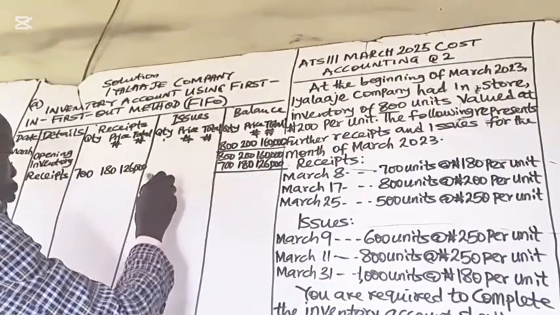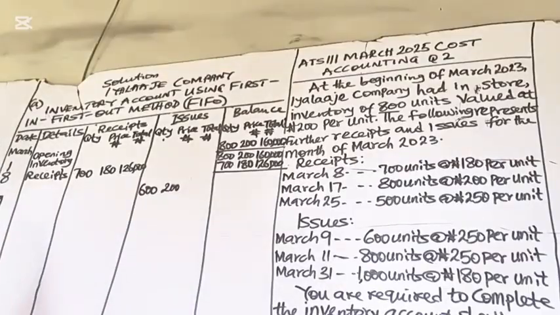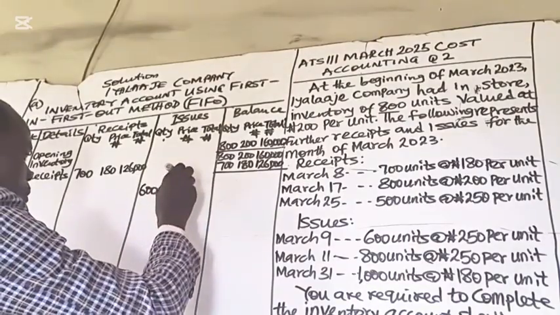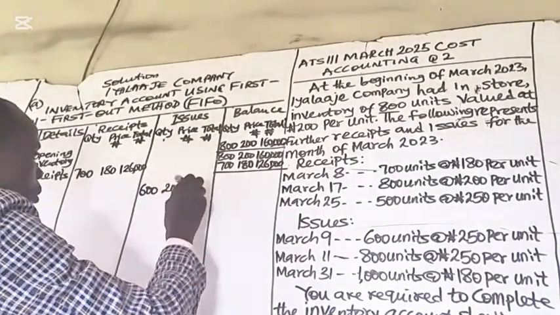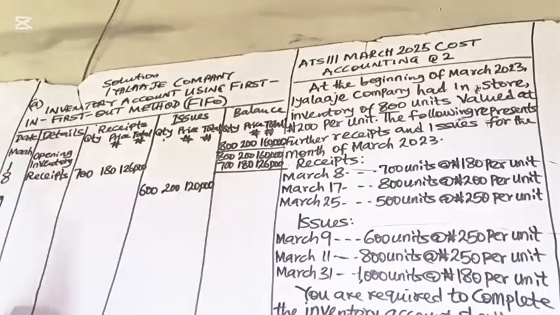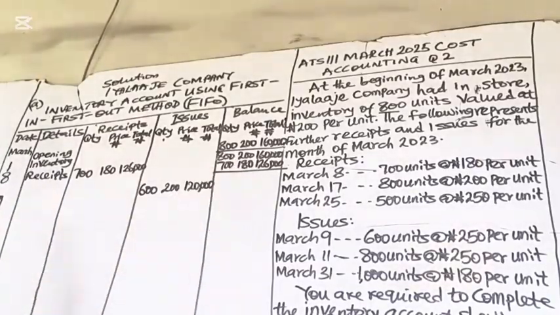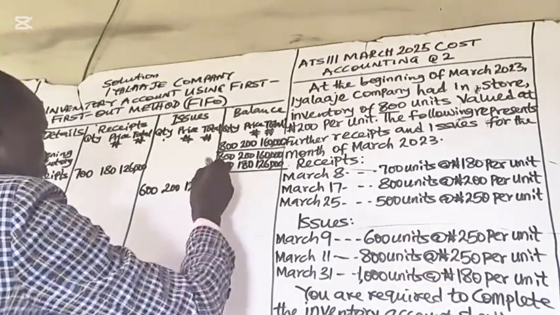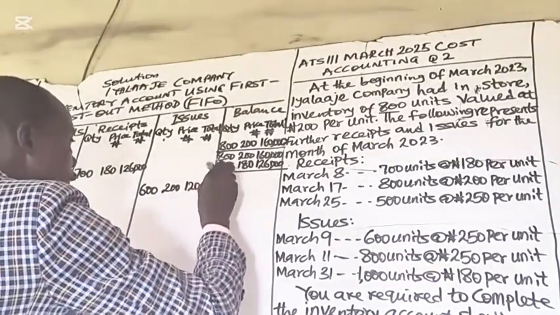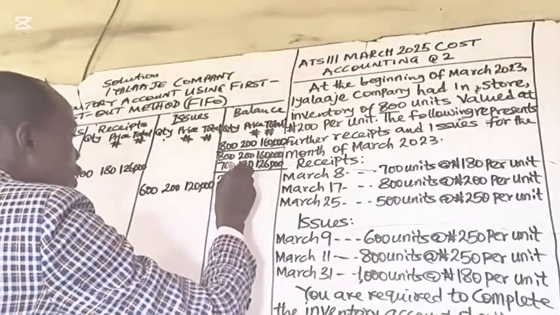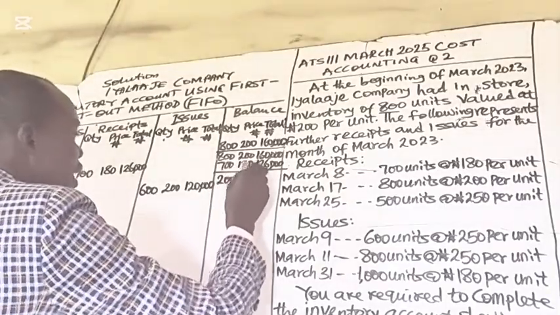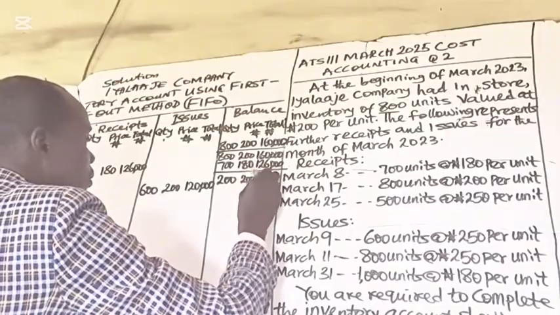So we have 600 times 200, that gives us 120,000. Then, from this 800, remember you have issued 600. You'll be left with balance of 200. At the price of 200, 200 times 200, that gives us 40,000.